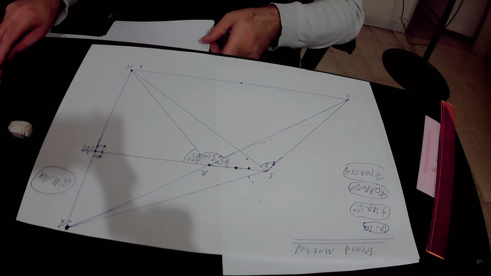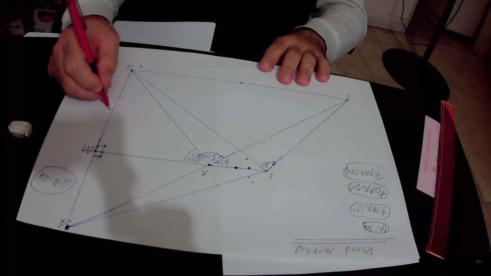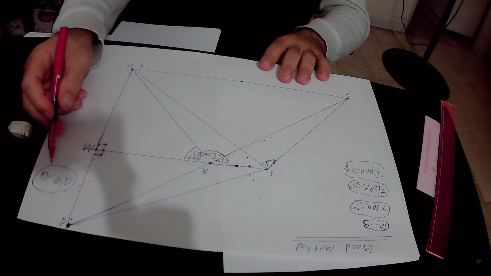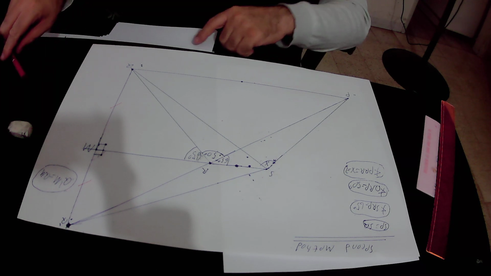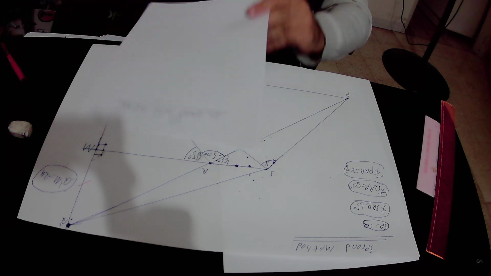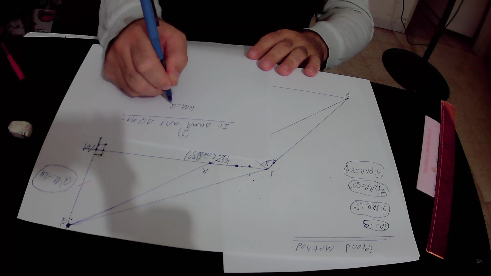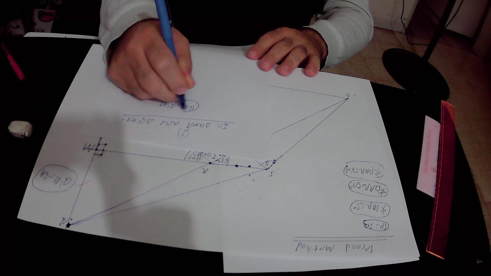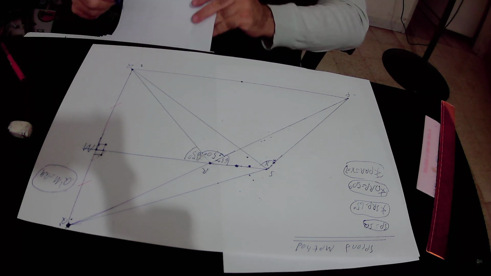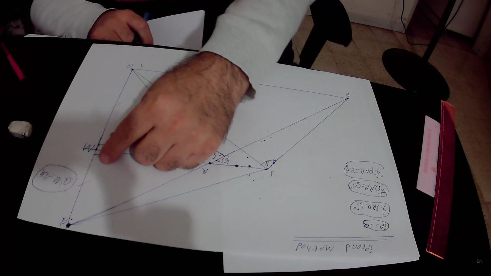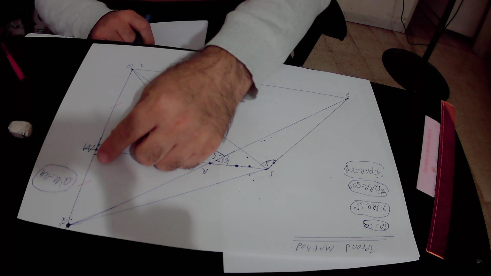First of all, we know that QM equals Q'M according to our construction. We also know that those two angles are equal to each other. They're both equal to 90 degrees.